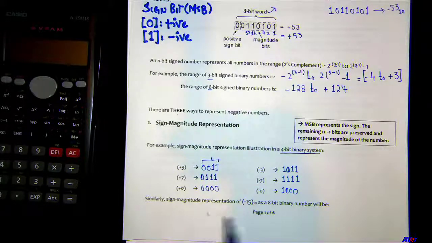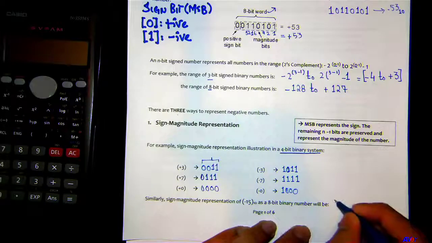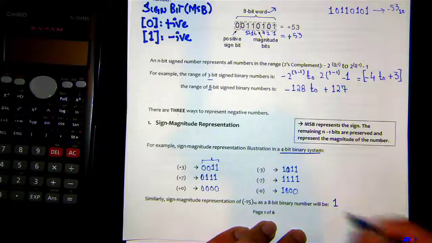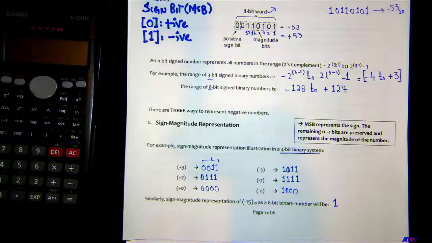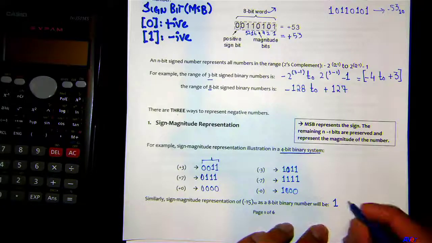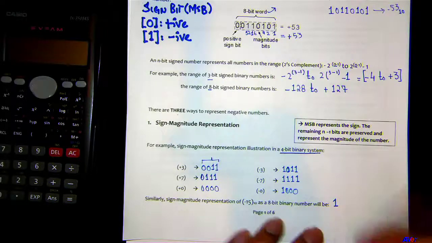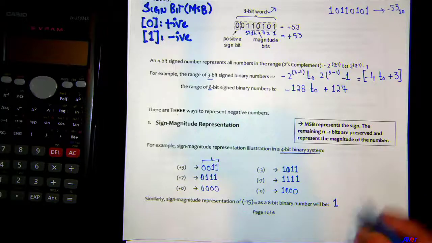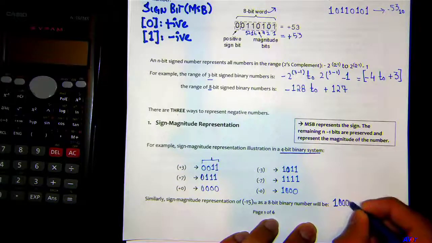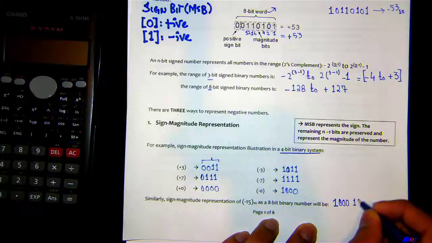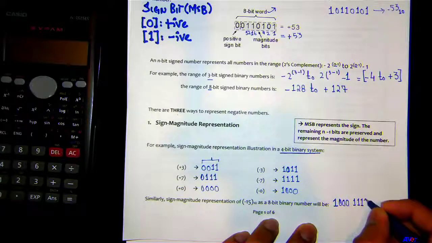Similarly, what is the sign magnitude representation of negative 15 as an 8-bit binary number? Again, the sign bit is going to be 1. What is the 7-bit code for 15? Correct, 0001111.